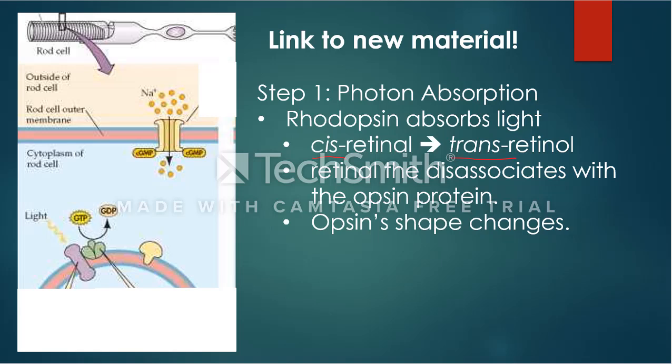That's just going from a bent formation into a straight linear formation. When the retinol is in the trans isomer, it will dissociate from the opsin protein and leave the complex. When that happens, the opsin protein itself goes under a conformational change, so the opsin molecule will change its shape. Right, so that was step one.